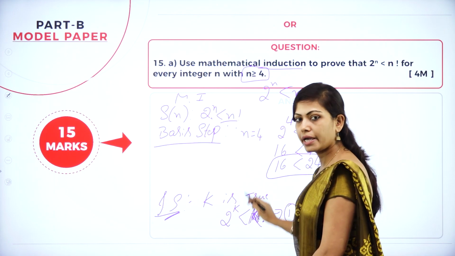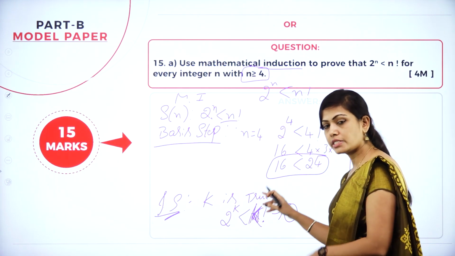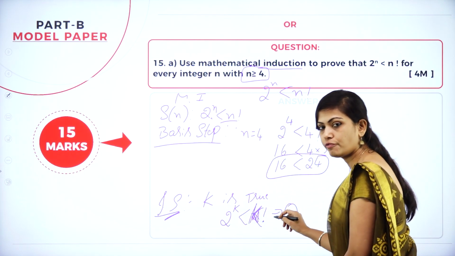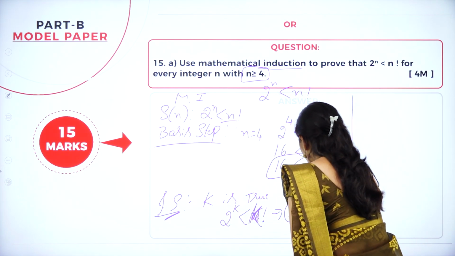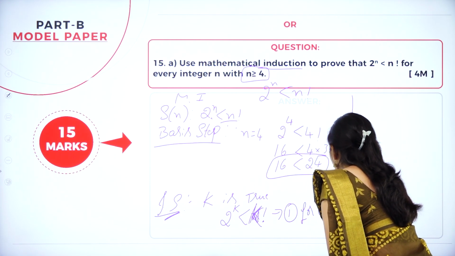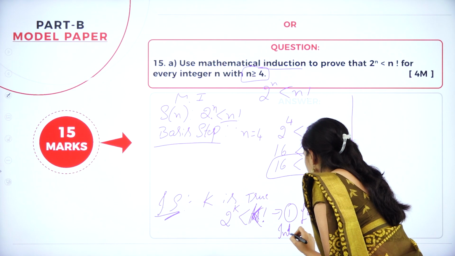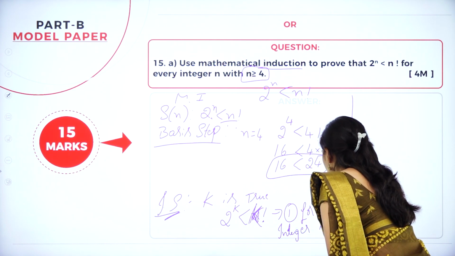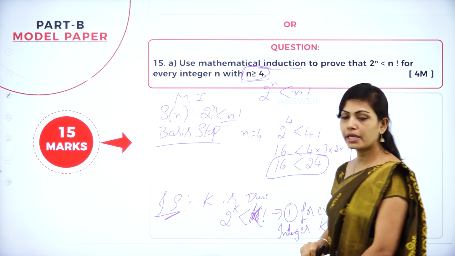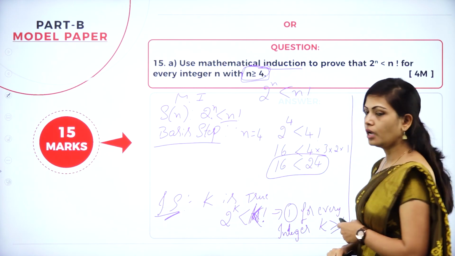This is equation number 1. Replace n by k. So in induction step, you assume that 2 power k less than k factorial is true, for every integer k greater than or equal to 4.